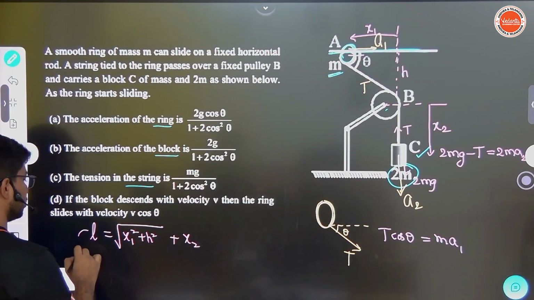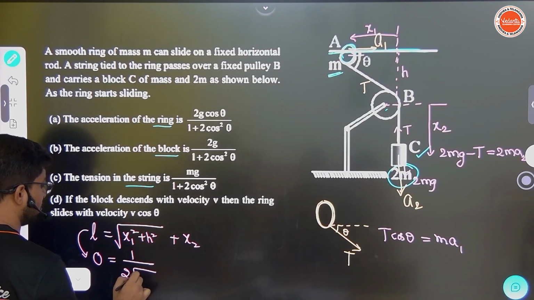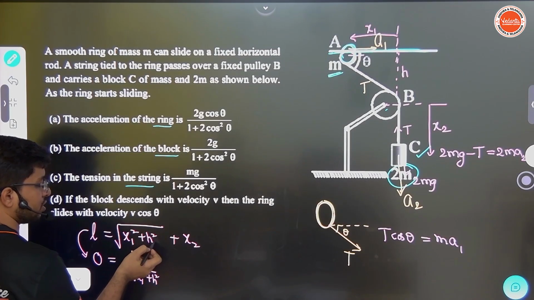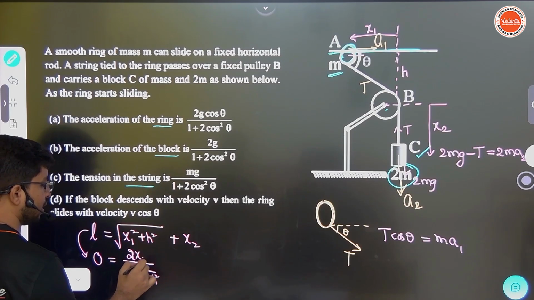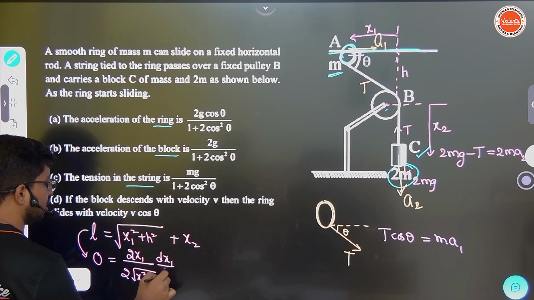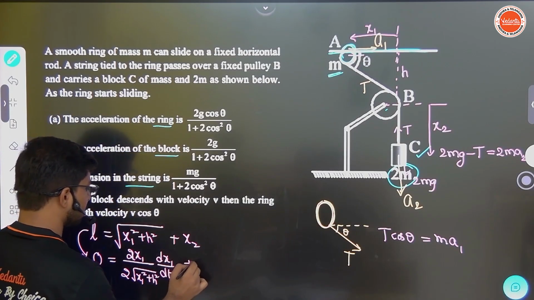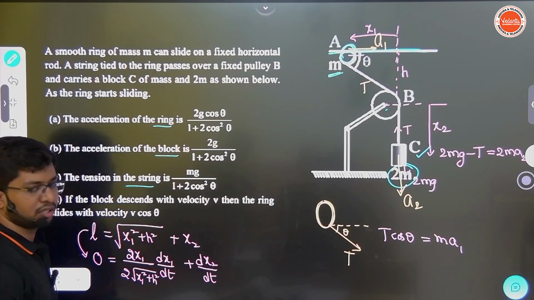If you differentiate once, you'll get this equal to 1 by 2 root x1 square plus h square into, h is anyways constant, differentiation of this will become 0, and this will be 2x1 into dx1 divided by dt. Clear? Plus dx2 divided by dt.